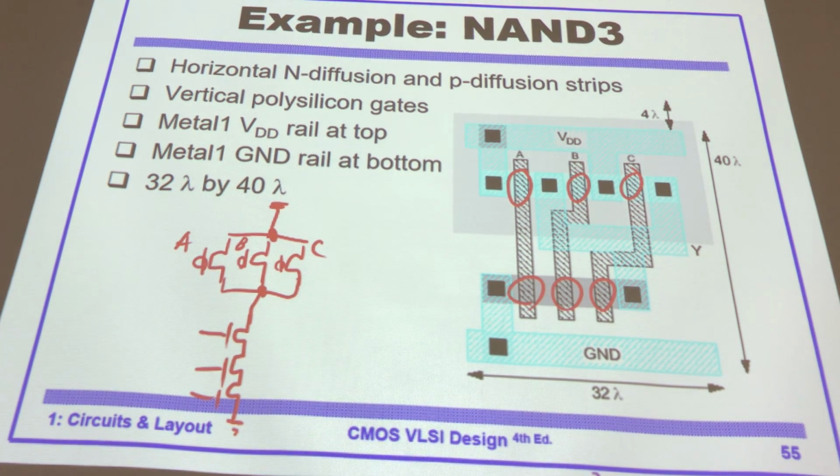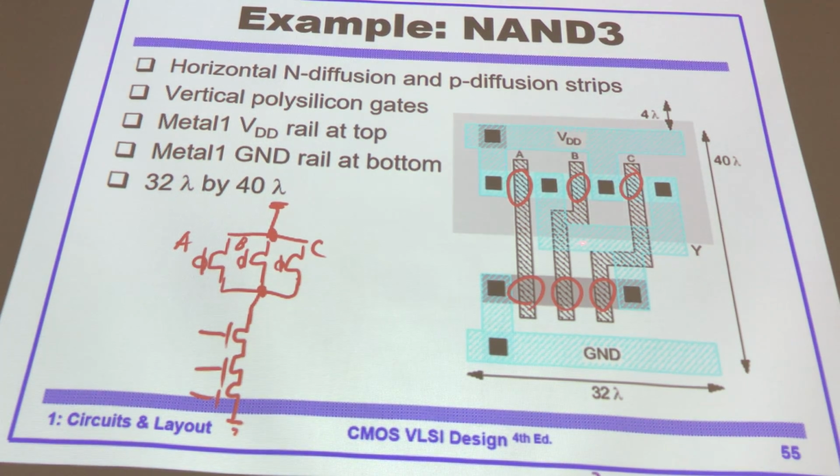Why? Okay, for the A PMOS transistor, the source terminal is connected to VDD here, right? And the drain is connected to the output. Drain is here. There's a metal wire, the contact connected to the output, right?